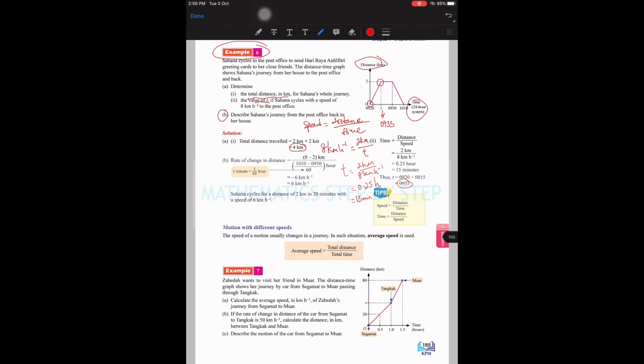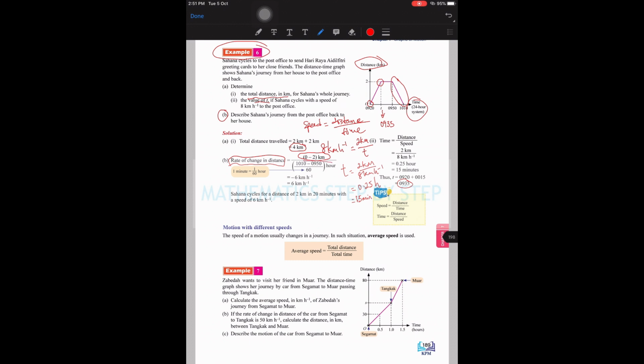Then part B, describe Sahana's journey from the post office back to her house. So meaning this part of the graph, okay? So we'll find the speed. The speed is the rate of change in distance. So the distance traveled is 2 kilometers from the post office back to her house.